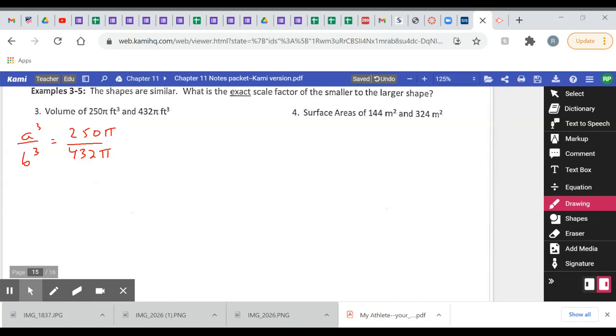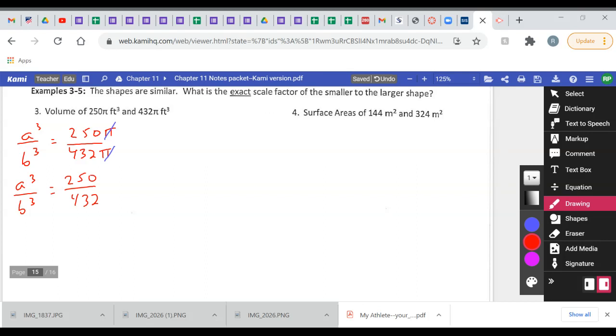The first thing I see that I can do is cancel out these pi's. From there, I am left with A cubed over B cubed is equal to 250 over 432.